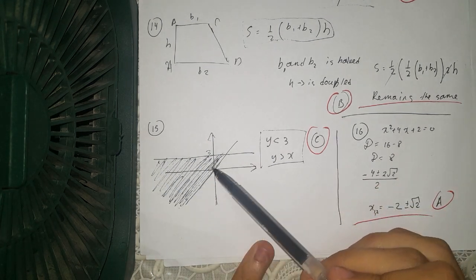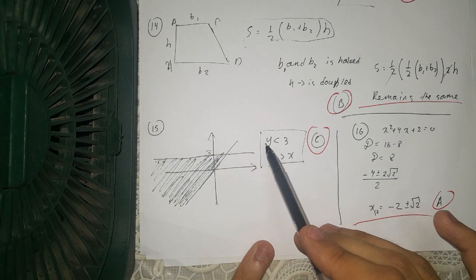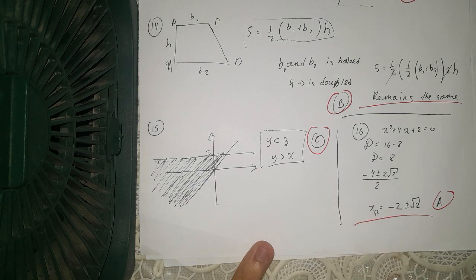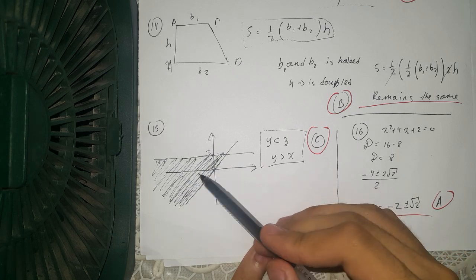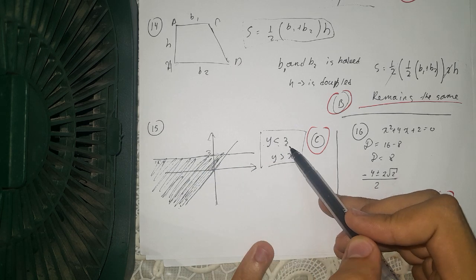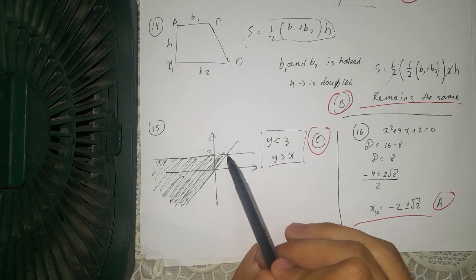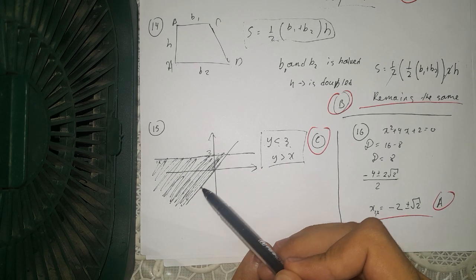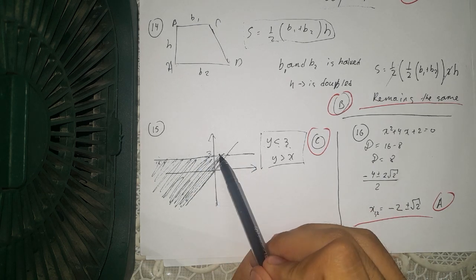This area is under the 3, which means 3 is above this. Y is smaller than 3, and y is higher than x because this x is under y.